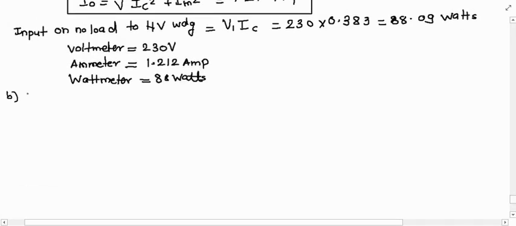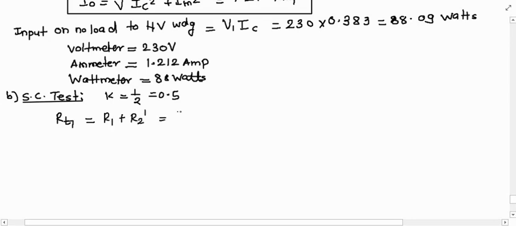Similarly, we can go for the short circuit test. So the second will be the short circuit test, where we have to give the supply to the high voltage winding in both tests. Okay. So what is your K? K is equal to 1/2, which is equal to 0.5. We have calculated. So what is RT1? RT1 is nothing but R1 plus R2 dash, which is equal to R1 plus R2 by K square.